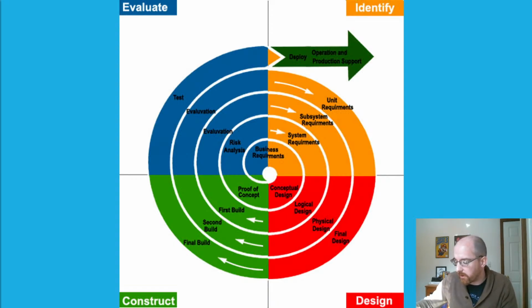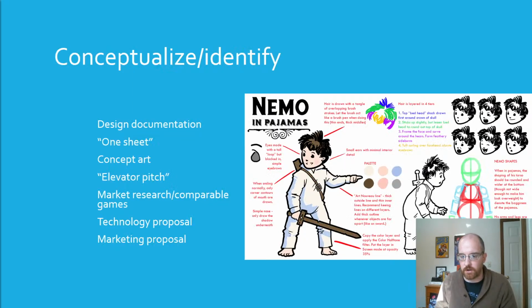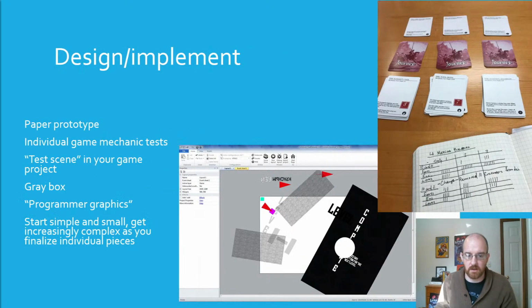So that's where you're working in the middle, and you're trying these things out, and as you iterate, you're moving out in this spiral, but your prototypes are becoming more and more concrete, more and more like the final thing. So again, you're usually going through steps of conceptualizing. This is where you get a one sheet, concept art, elevator pitches.